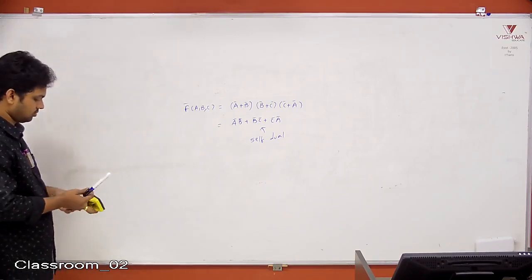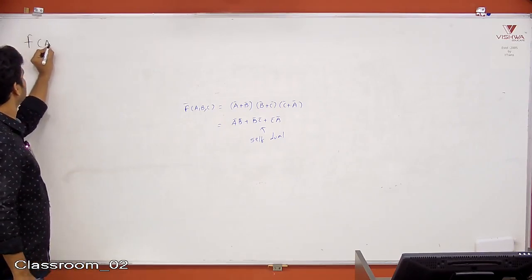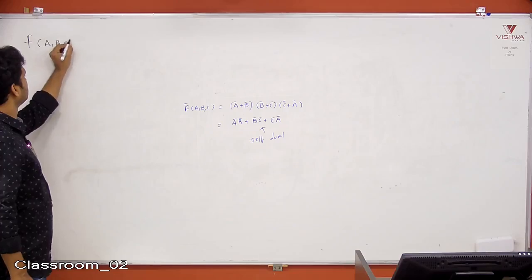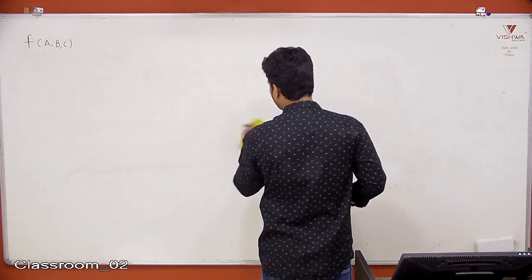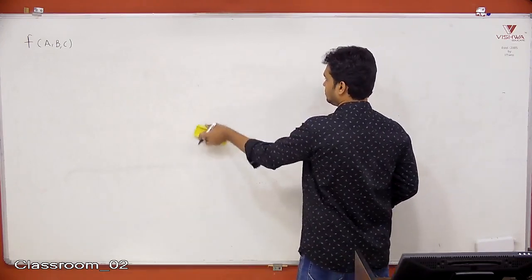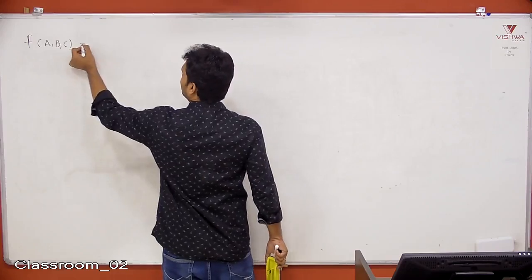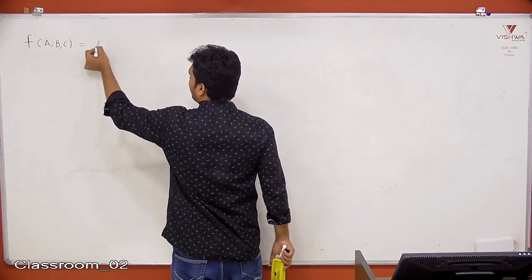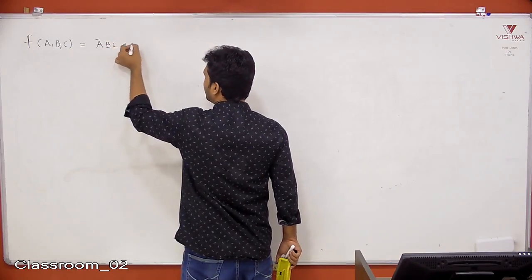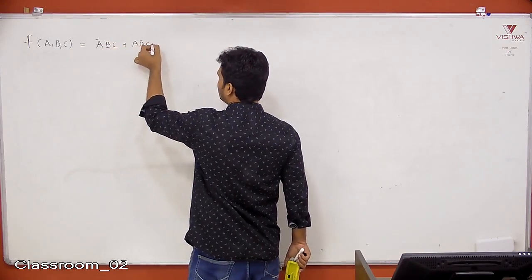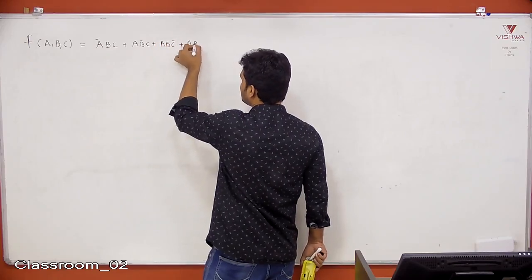Next question. Write down. Minimize the function f of ABC equal to, please copy this expression.